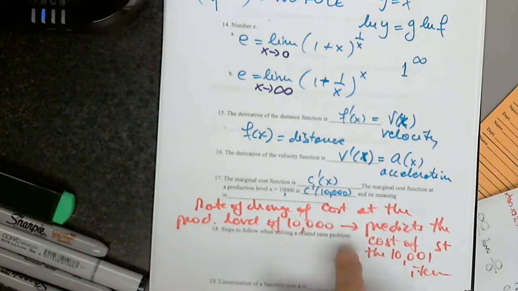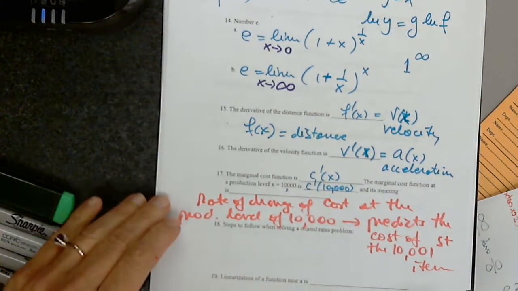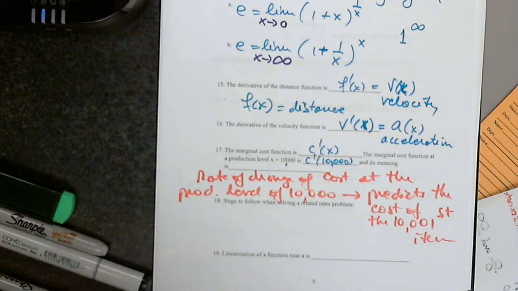Steps to follow when solving a related rates problem. What are the steps that I have to go through? Number 1, I read the problem as many times as I need.